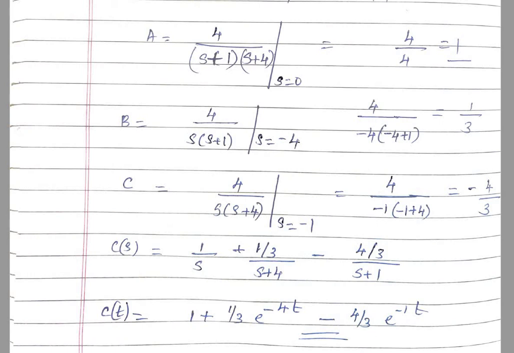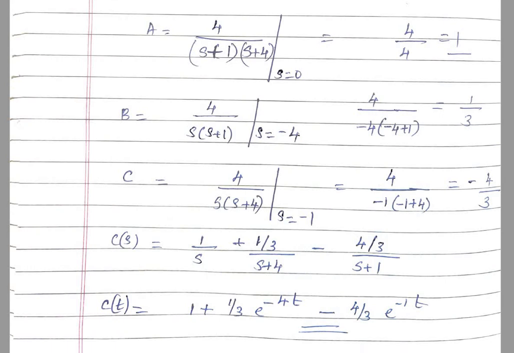So, both the answers are the same, but when the system is over damped, it is always easier for you to find the expression for C of s, and after that take the Laplace inverse of C of s.